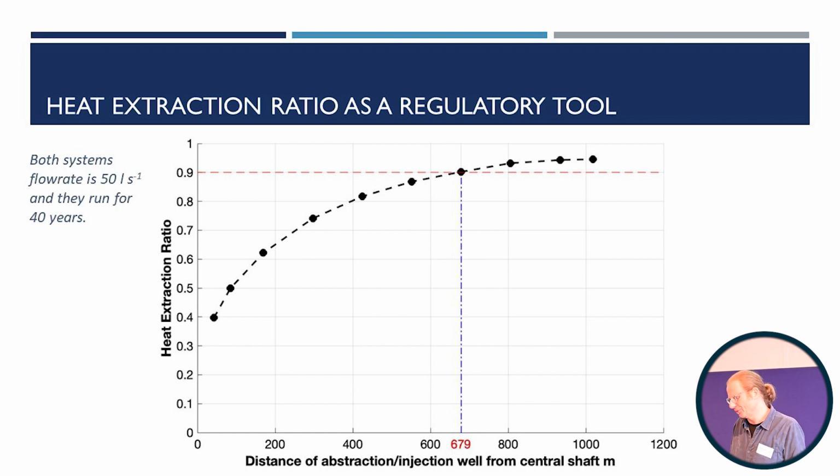That's just an example. So if you would take that as a threshold, then you can look at the heat extraction ratio, which is the black line here, and see when it's above that 90%. In this case, that's for a value of 679 meters. So that's 679 meters between the injection point and the central shaft.